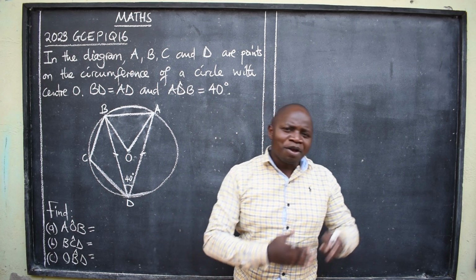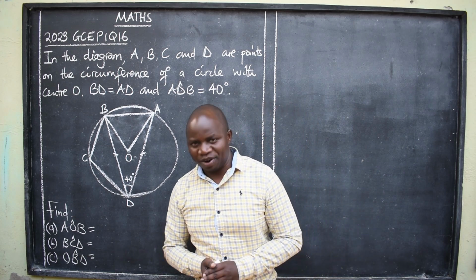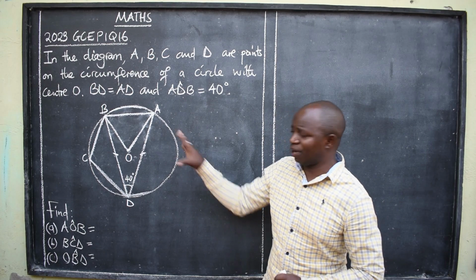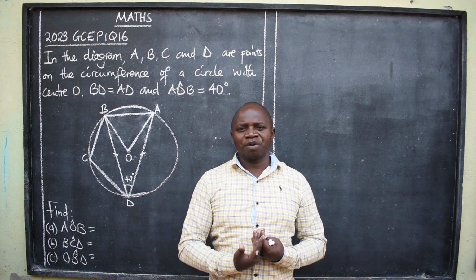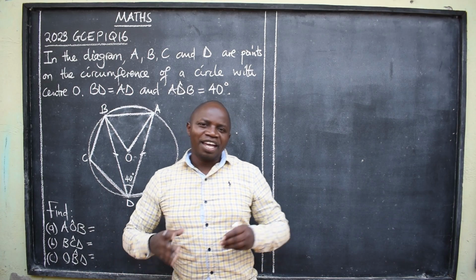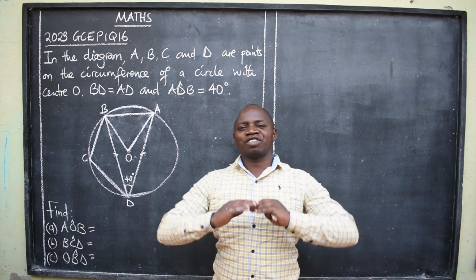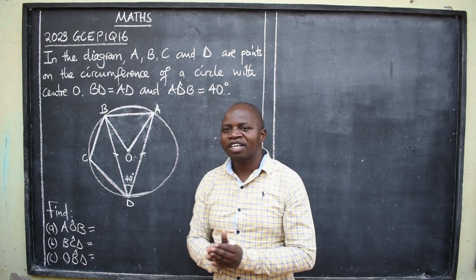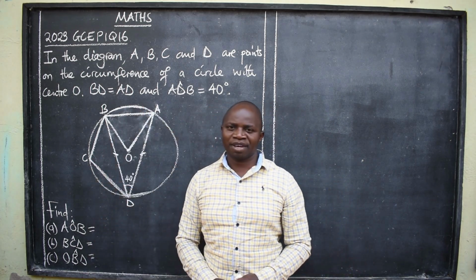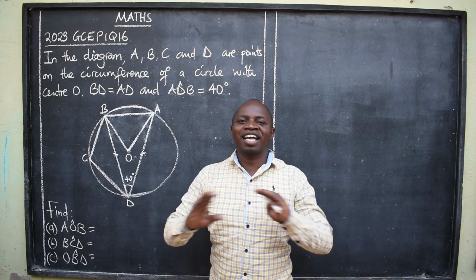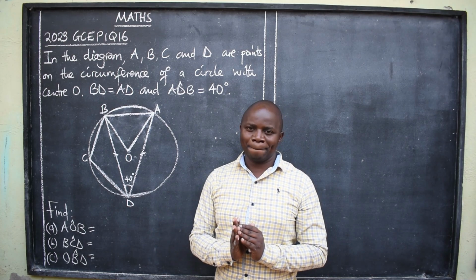Others would want to say properties of the circle. Now, from the topic name itself, properties of the circle, it means there are properties that you're supposed to know for you to answer these questions. It is a very interesting and simple topic.